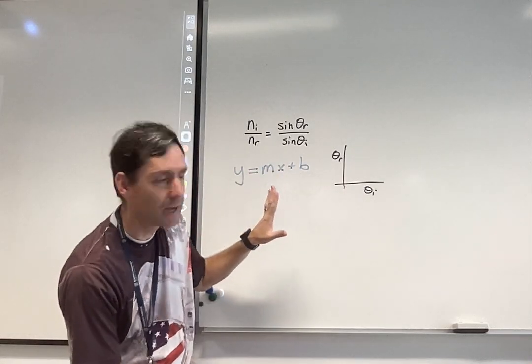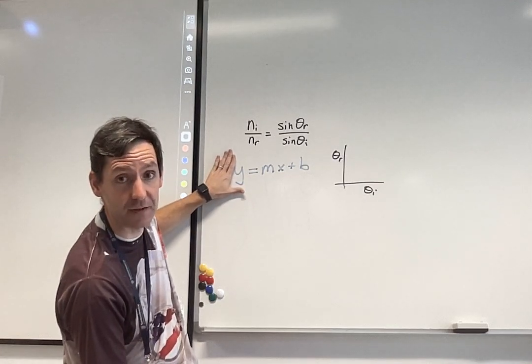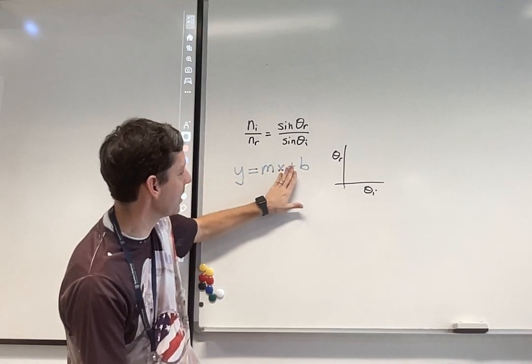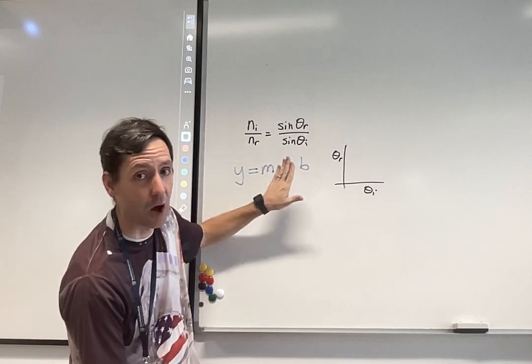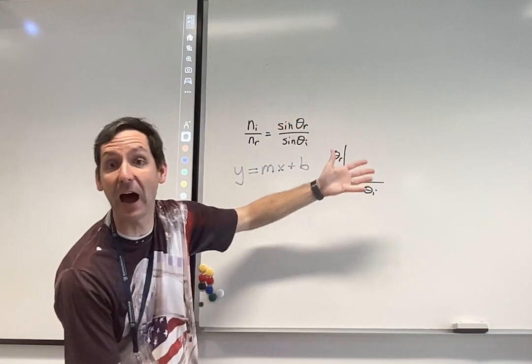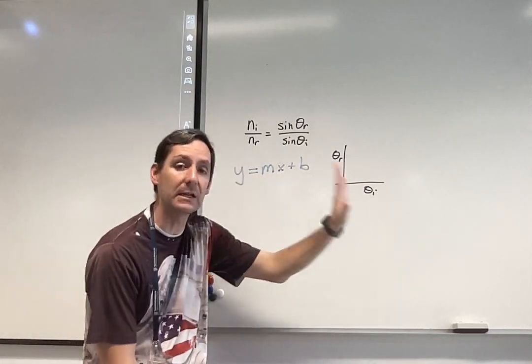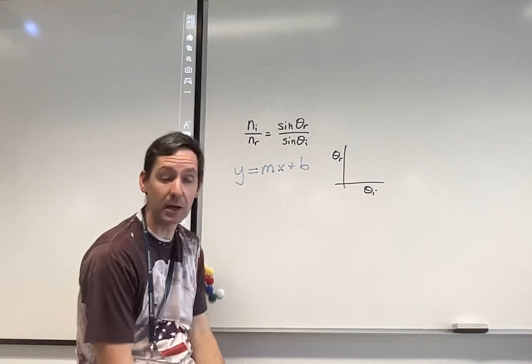So essentially, I need the angle of refraction on this side, and then I need the angle of incidence on this side. Now, if they have squares or square roots or trig functions, that's fine. That can be there, but I need that variable physically on that side of the equation.